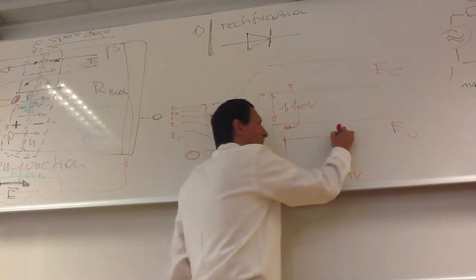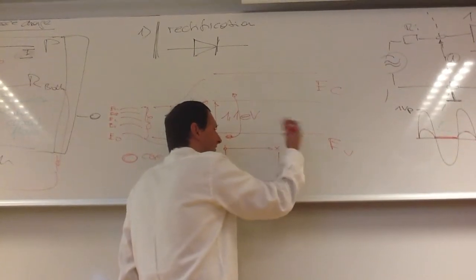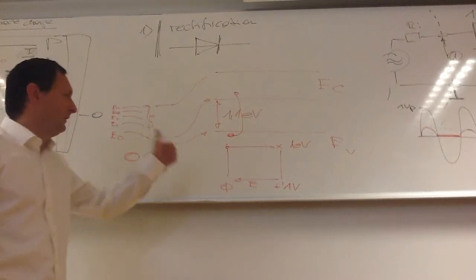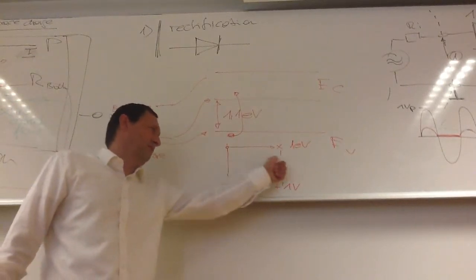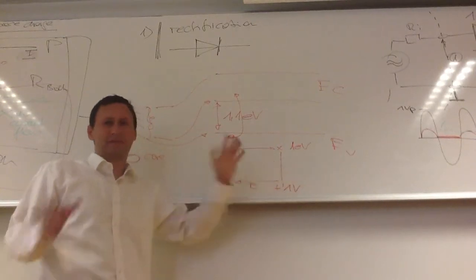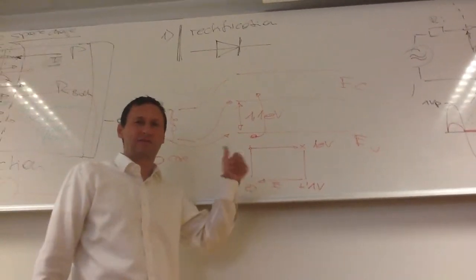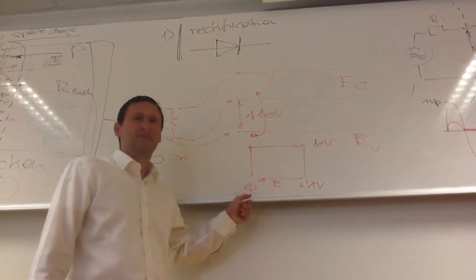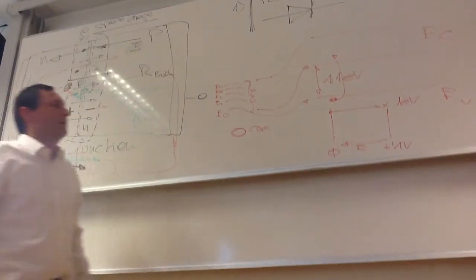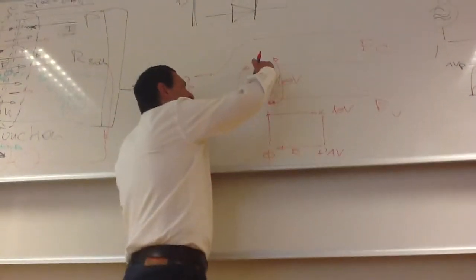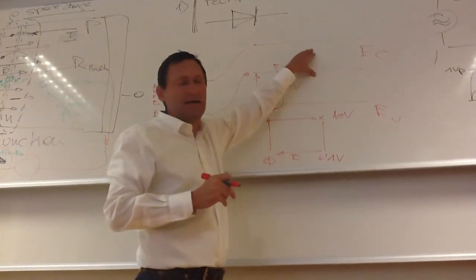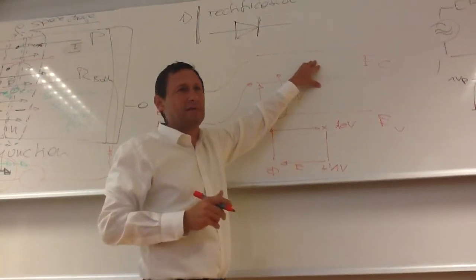When it hits this side, it has gathered an energy of 1 electron volt. It's a very low amount of energy, but still countable. And this is the gap between the valence band and the conduction band for silicon.